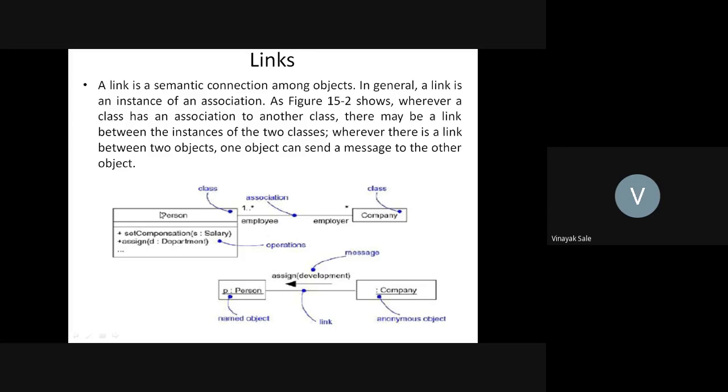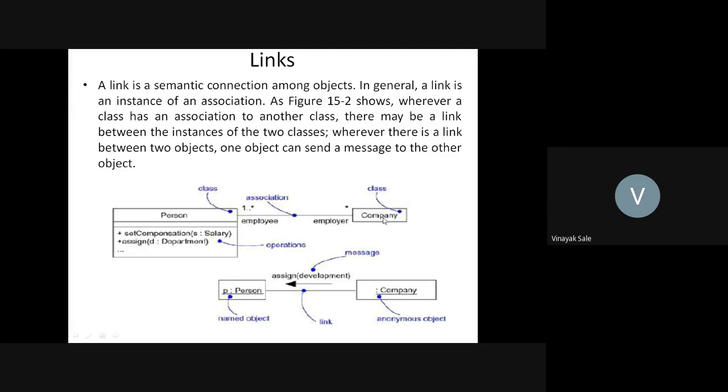See here class Person. A person may be an employee, may be a boss. It has operations or parameters like set compensation for salary, assign department. So this person is known as the employee, and this company is known as the employer.